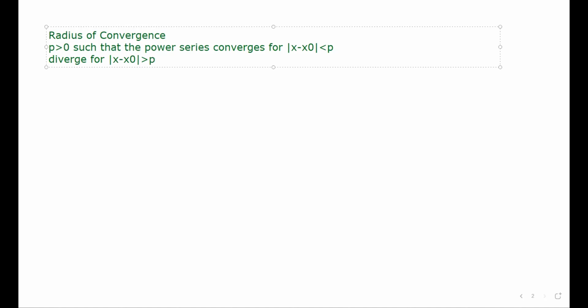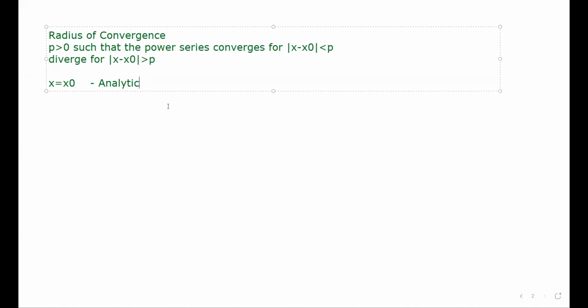And now, whenever we get the fact that x equals x naught, that's called being analytic. Our summations in our power series are always going to converge when x equals x naught, because everything's going to be 0. So that situation, we call analytic.